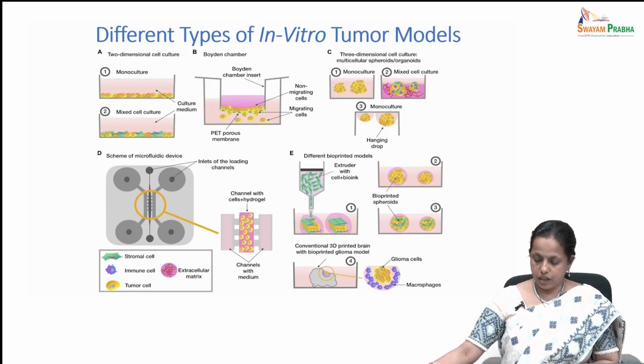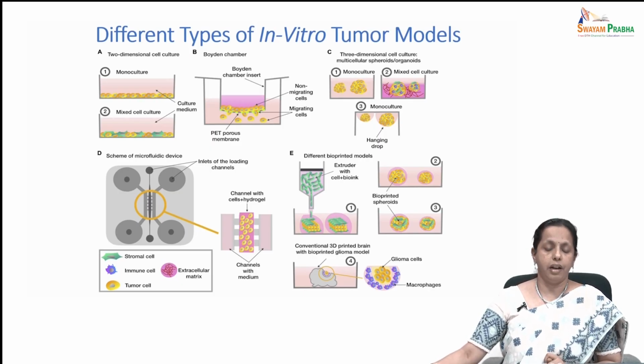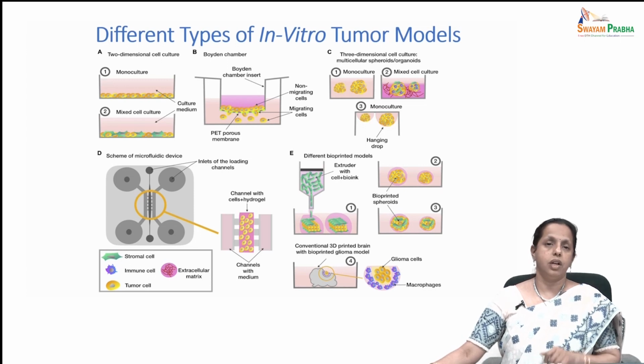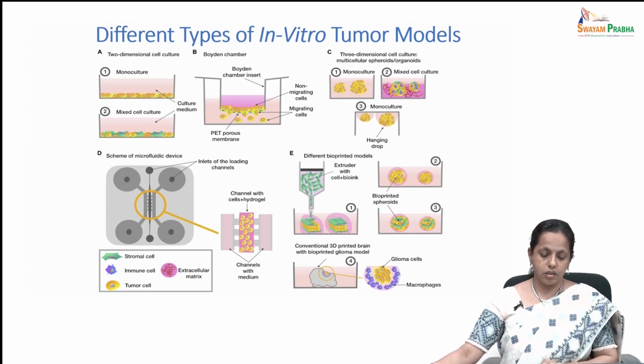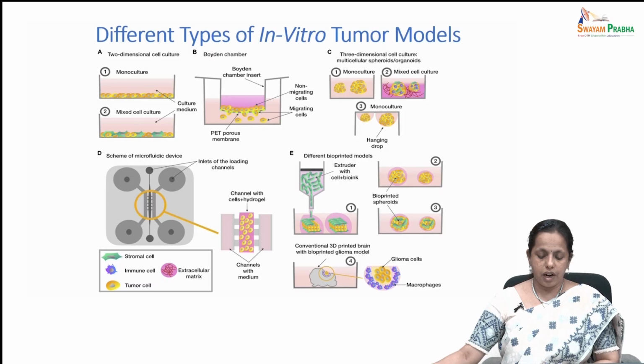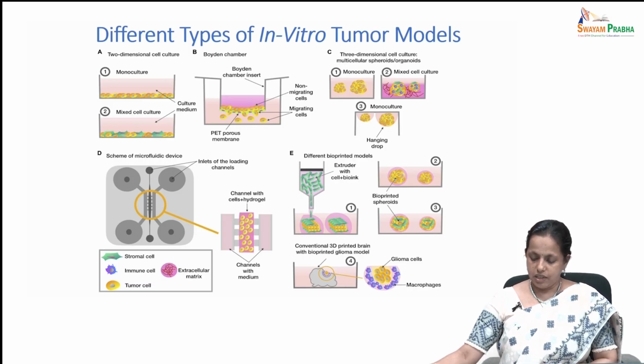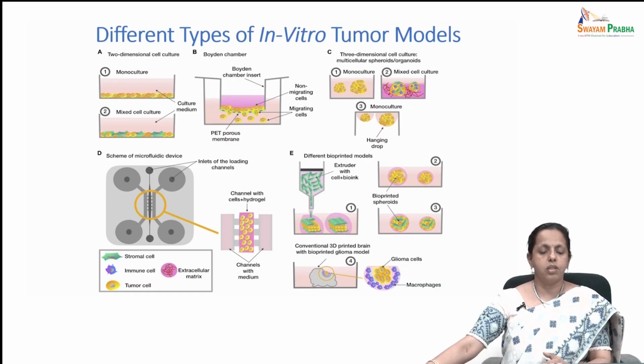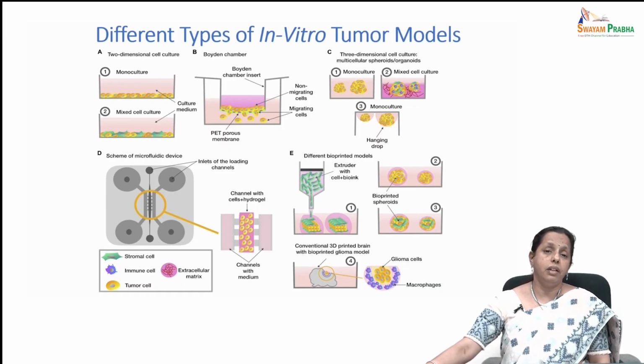And then finally a glioma model consisting of a 3D printed brain. There are several 3D printed organs coming up, with a bioprinted glioma model, and the glioma cells and macrophages are seen here. So these are all the models which are very actively explored during drug discovery in the cell line models.